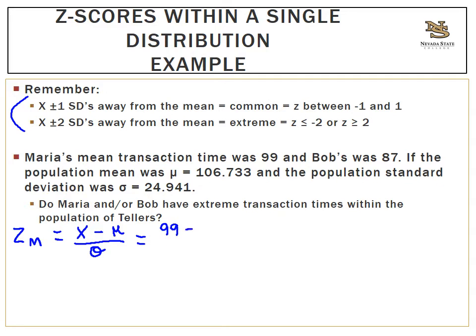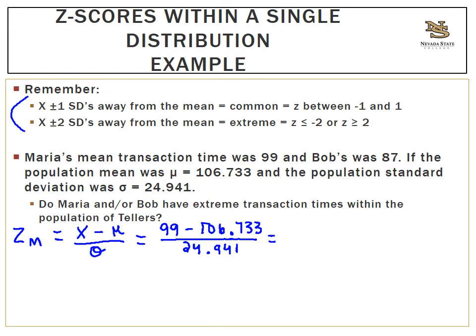The mean of all transaction times was 106.733. And we're dividing that by the standard deviation of 24.941.